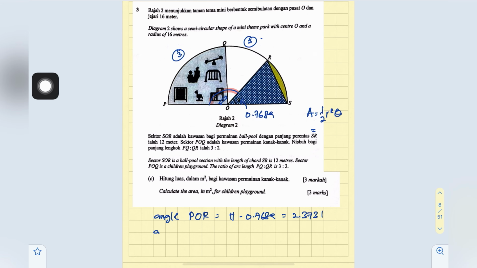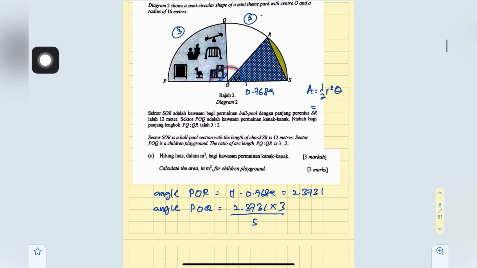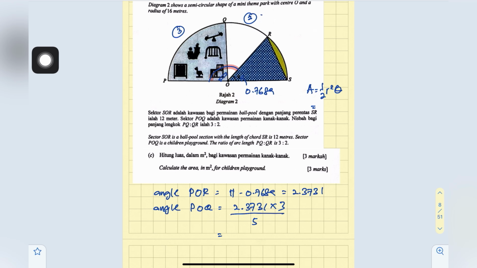Then the ratio is 3:2, so we can find angle POQ. 2.3731 times 3 divided by 5, because the total of the ratio is 5, which equals 1.4239.